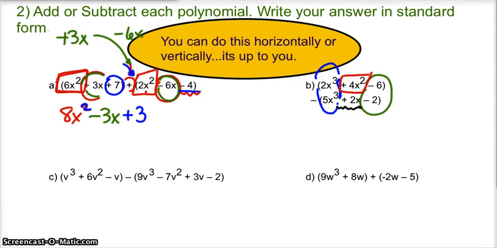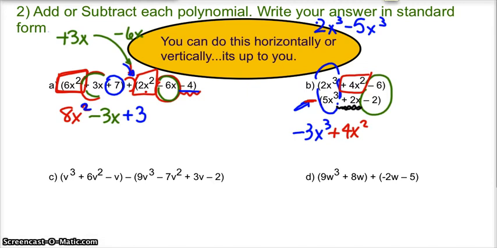I have circled here in blue x to the thirds, but these are being subtracted. So it's 2x to the third minus 5x to the third. I have nothing to combine the 4x to the squared with, but if you notice, I have to take 4x minus nothing, still 4x squared. I have this term that I underlined here.